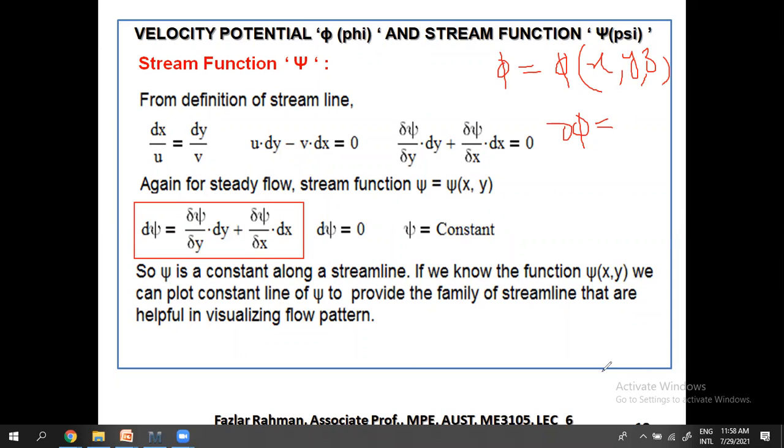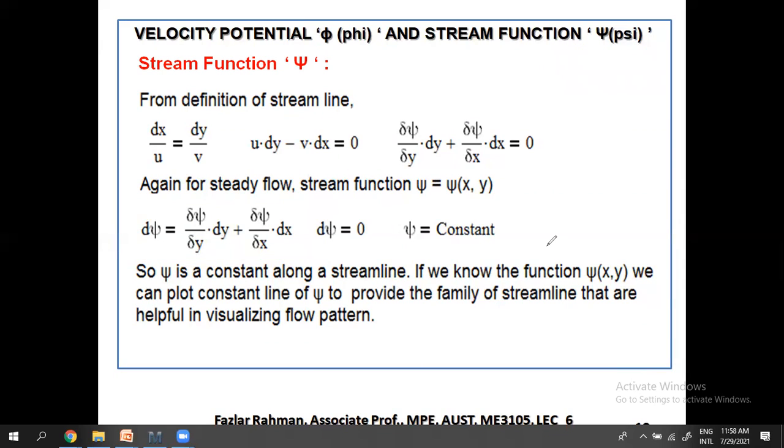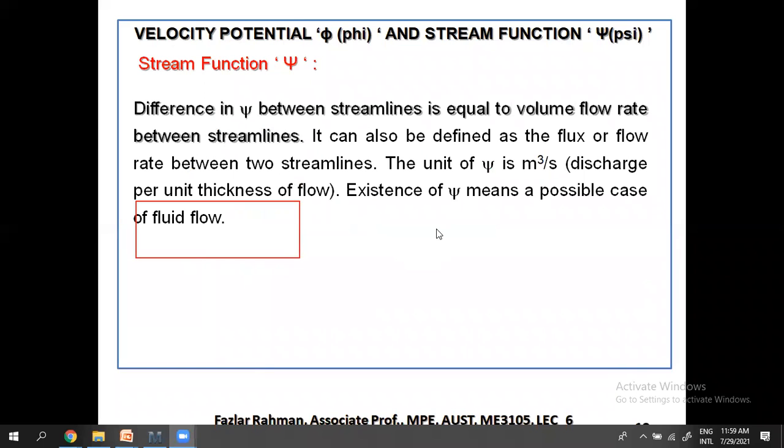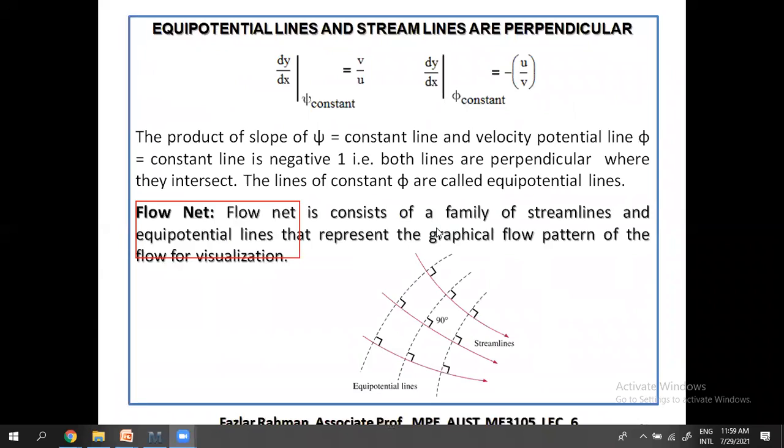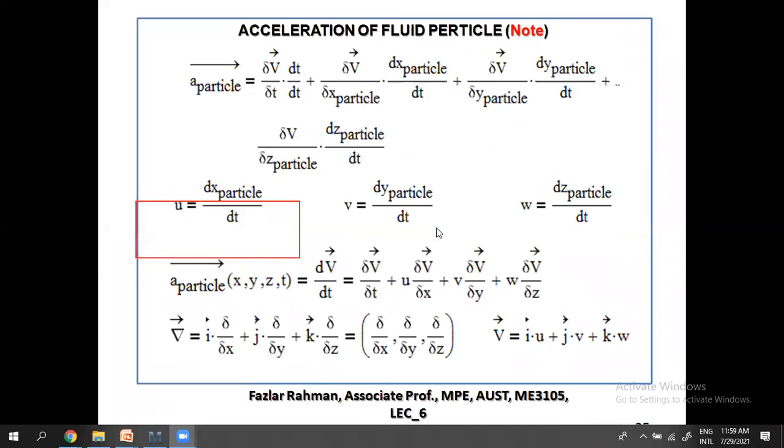So what is our intention over here? Our intention is to figure out how the stream function looks along a streamline. So we know this one, right? Then from the definition of the streamline, somewhere I might have put it in the slide. Let's see.